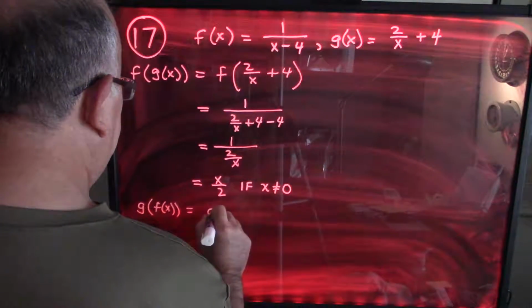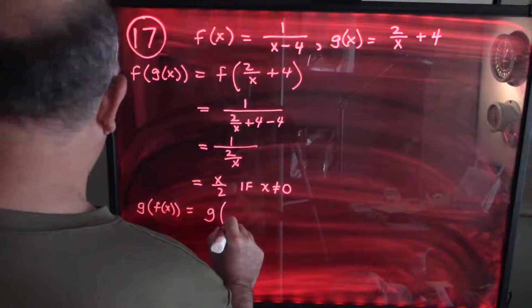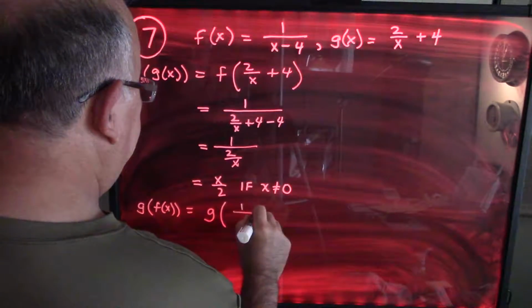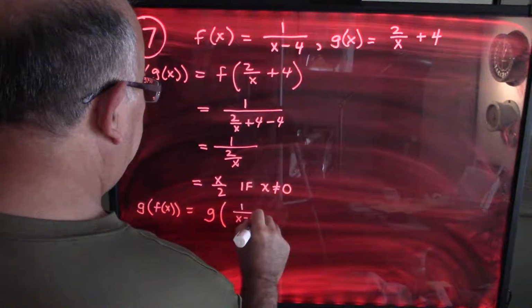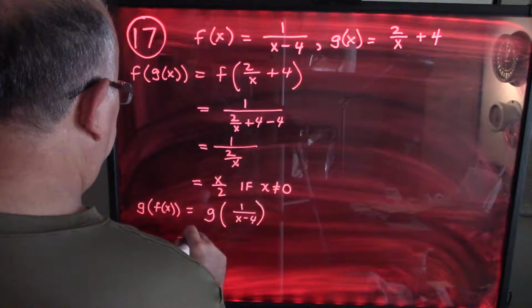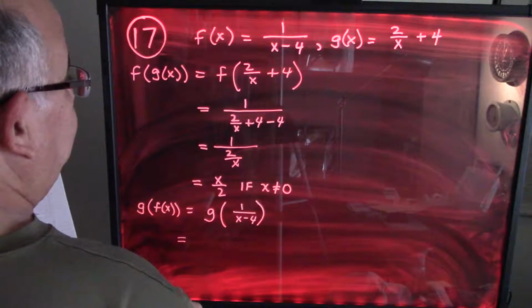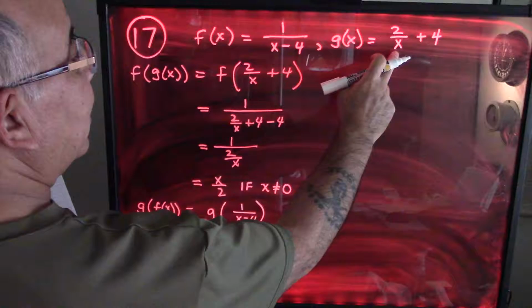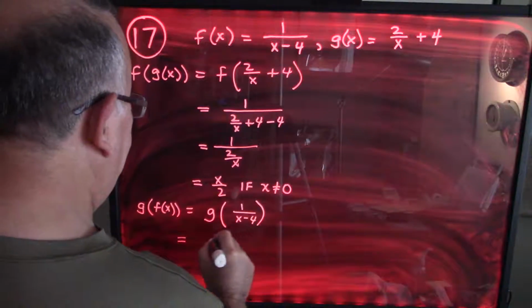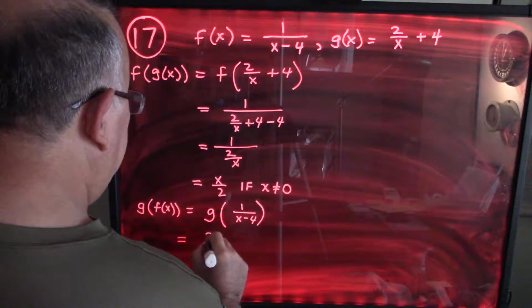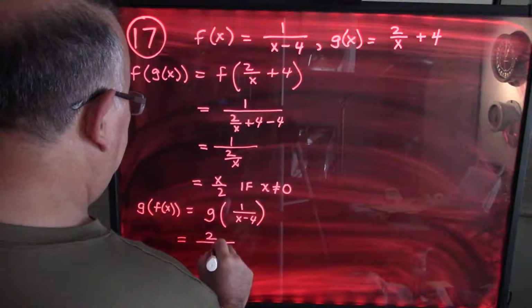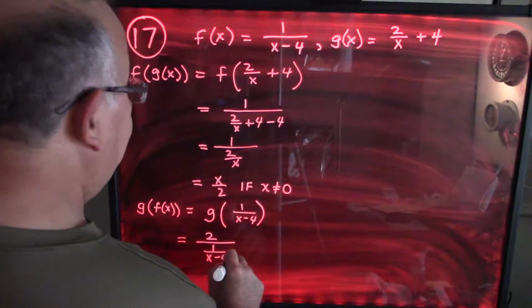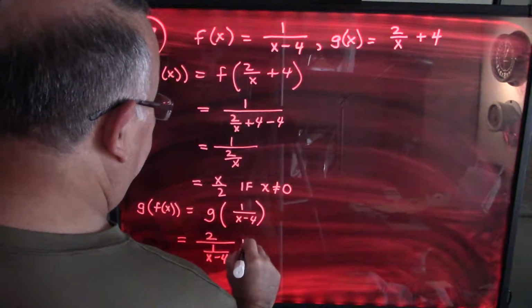G of f of x. What's f of x? 1 over x minus 4. So you plug 1 over x minus 4 into g, right where the x is. So you've got 2 over 1 over x minus 4, plus 4.